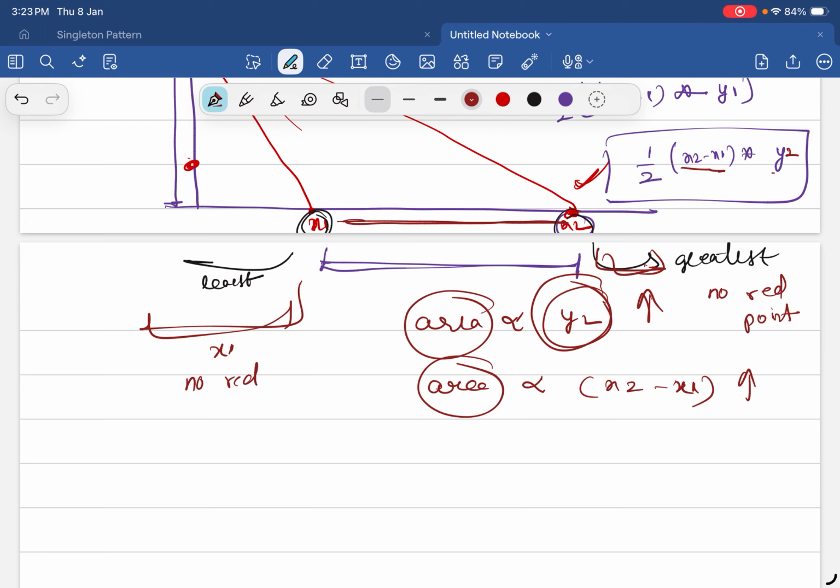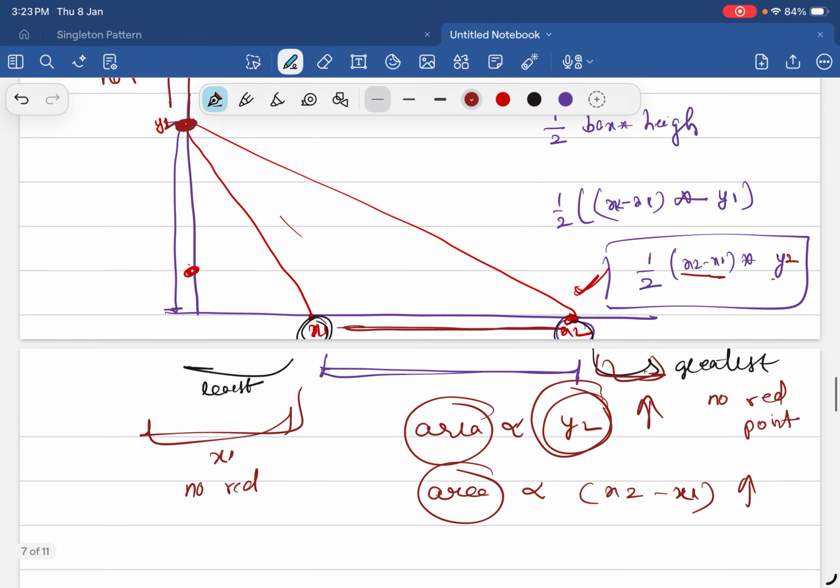If I'm choosing 2 points, x1 the least point and x2 the greatest point, then I can surely say to the left of x1 there will be no red point. In a similar way, there will be no red point to the right of x2. There can be blue points, but no red point.